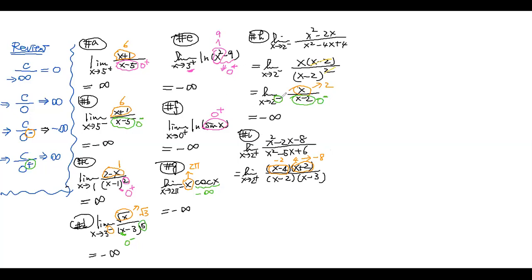If x approaches 2 from the right-hand side, what is this number going to approach? It approaches some positive number close to 0. Then what happens to the other factor? When x approaches 2, this one will approach negative 1, right? So now let's see what the limit is. I know that this approaches positive 0, so this will be infinity.